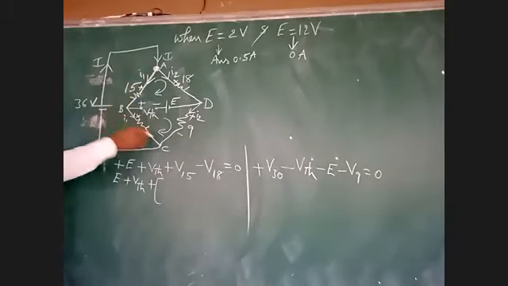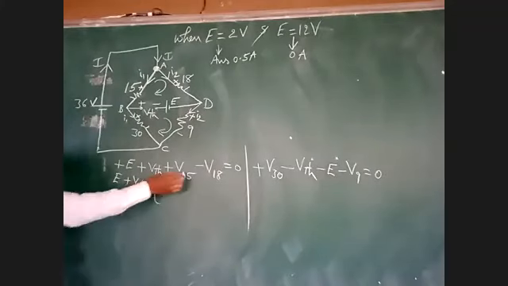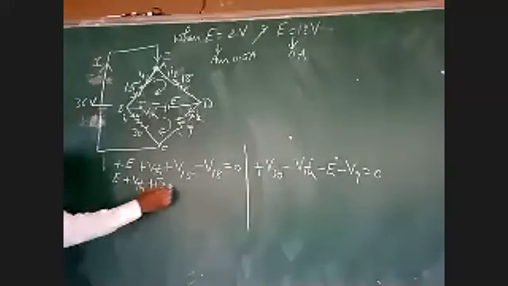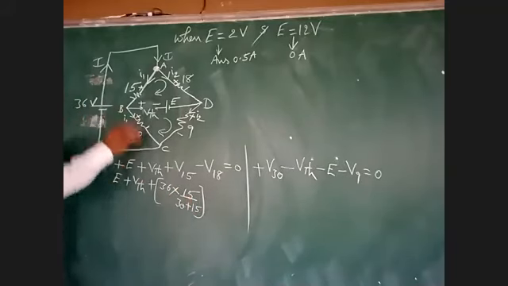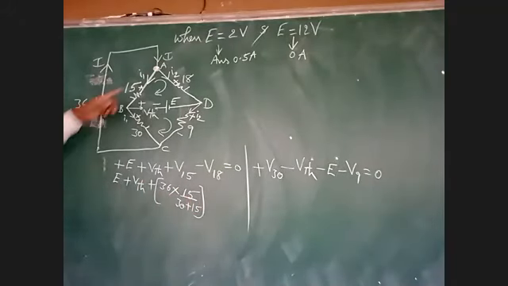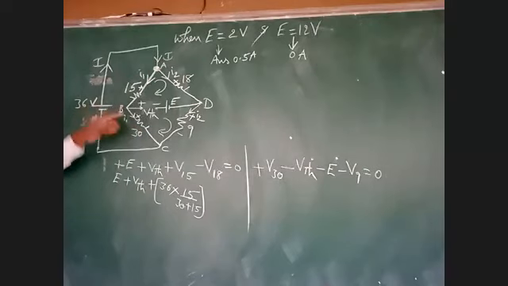This branch is parallel to this 36. That means the total voltage is the battery voltage, 36. 30 is in series with 15. This 30 ohm and 15 are in series. Only in series can I apply the voltage divider. This entire branch is in parallel with 36.